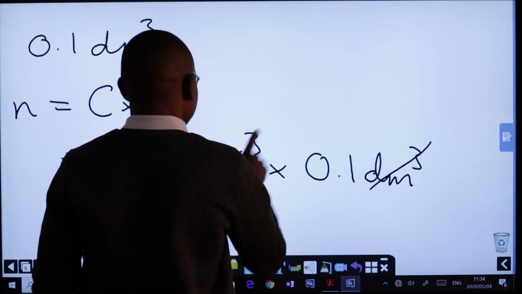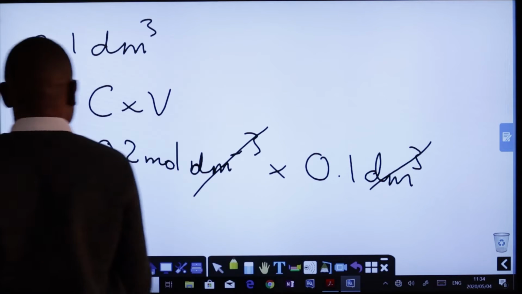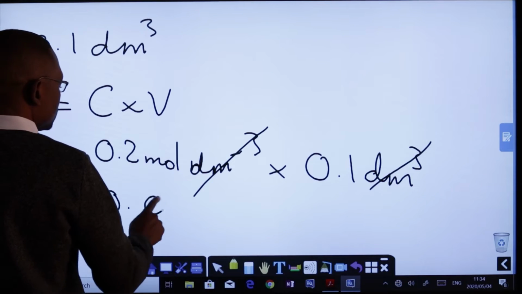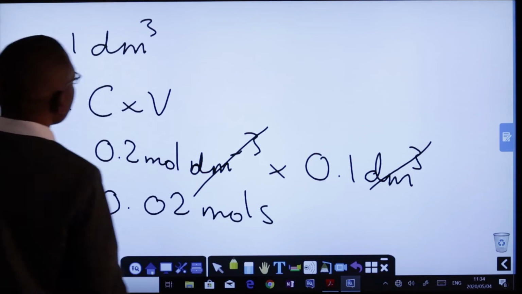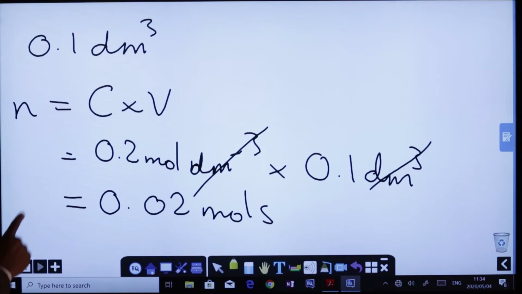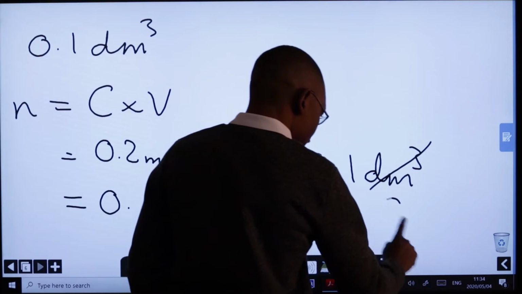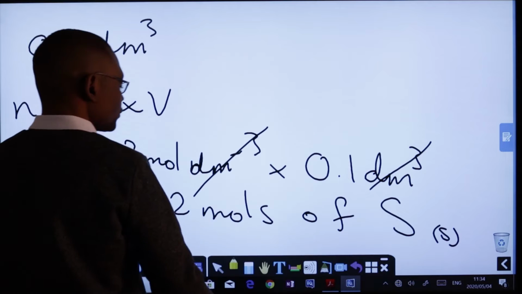So this and this, they cancel each other. 0.2 times 0.1 will give you 0.02 moles. Okay. So these are the number of moles of sulfur solid produced. Okay.